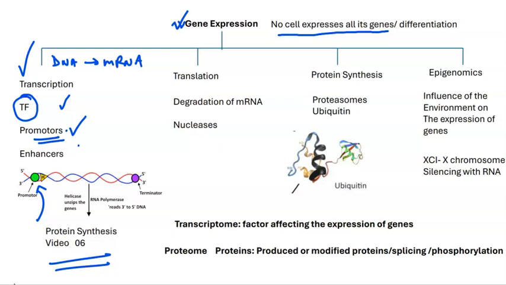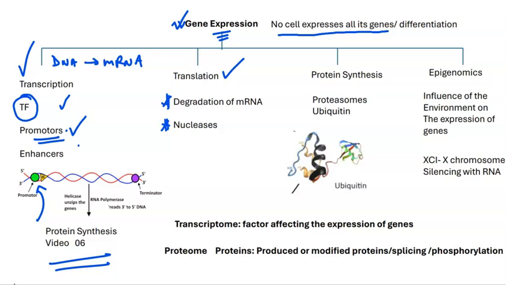Another way in which the expression of the gene can be affected is at the translational stage, where we have the capacity, once the protein has been made, to terminate this protein synthesis by breaking down the messenger RNA with nucleases. So that's another way in which protein synthesis could be regulated.